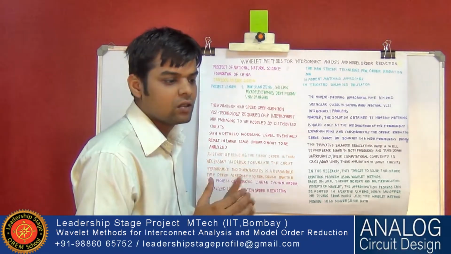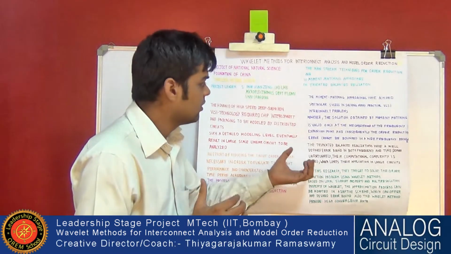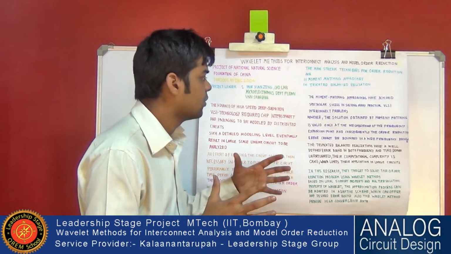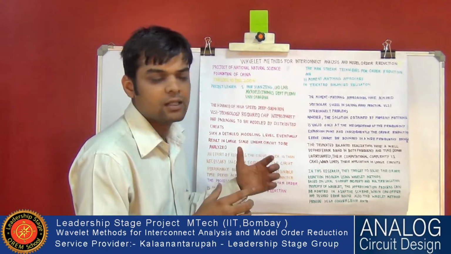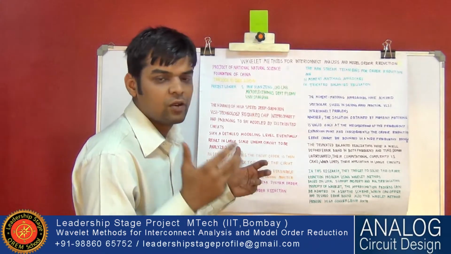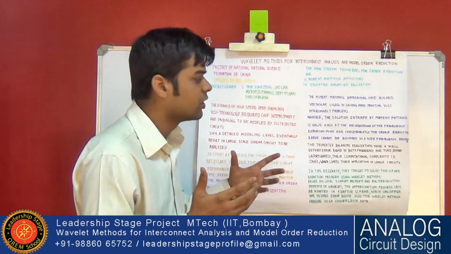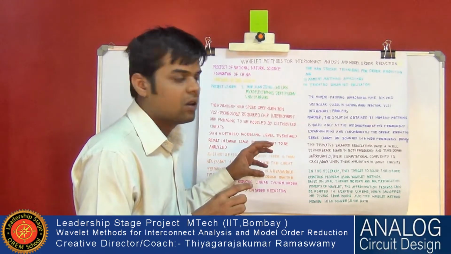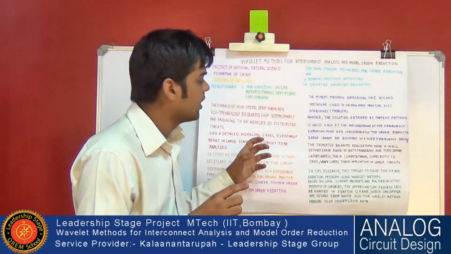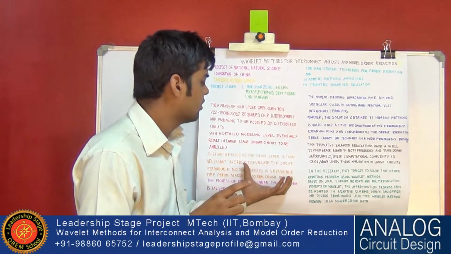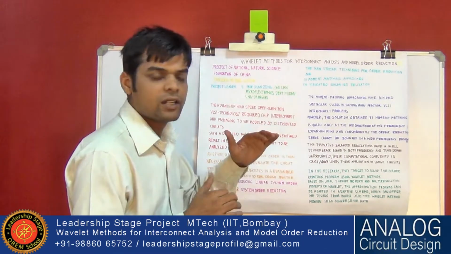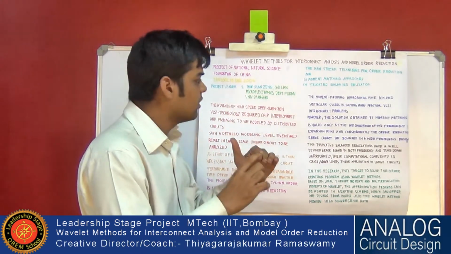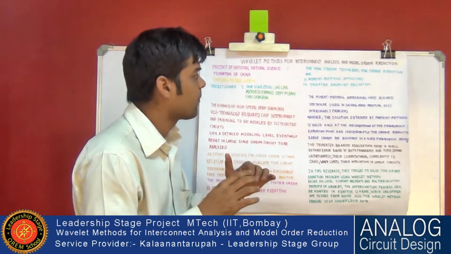Suppose there are 1000 input variables, and out of these only 100 variables are responsible for giving a good representation of the output. The remaining 900 variables are not required. If we reduce the order of the system, we can calculate all the results in quick time.